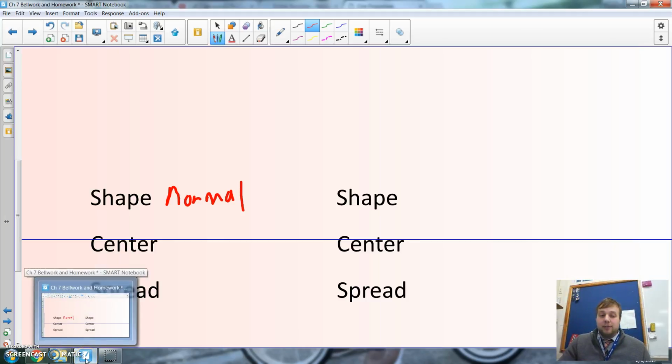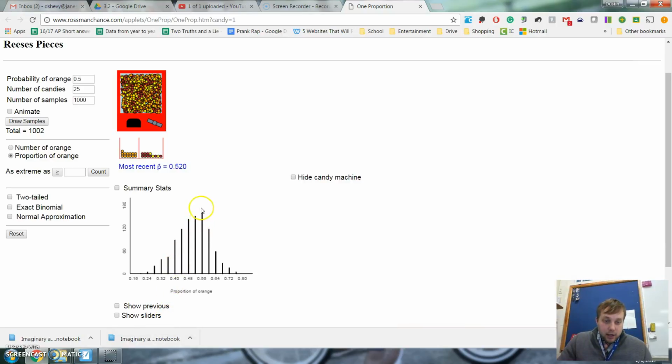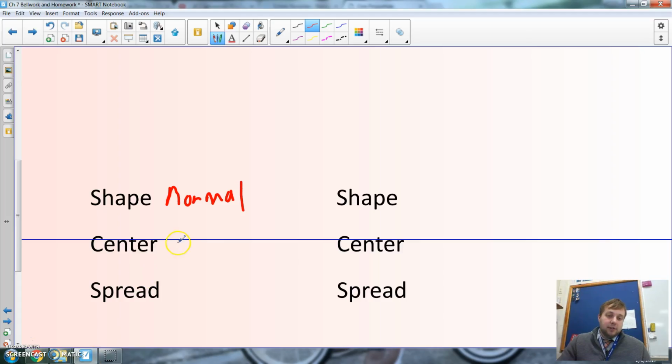We talked about this yesterday a little bit. But where would you say the center is located? Wow, the center is located right at 50%, isn't it? Imagine that. So I would say the center, the mu, the mean of all my samples, is at 0.5.